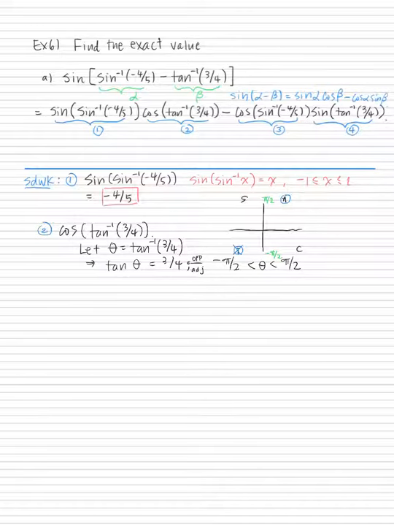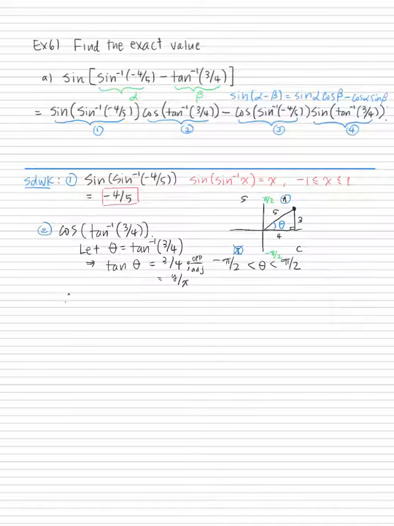Or if you like x, y, and r, this is y over x. Not sure which one you want to use, so either way is okay. So basically what's going to happen is this side is going to be 3, 4, and a 5. And here is our angle theta.